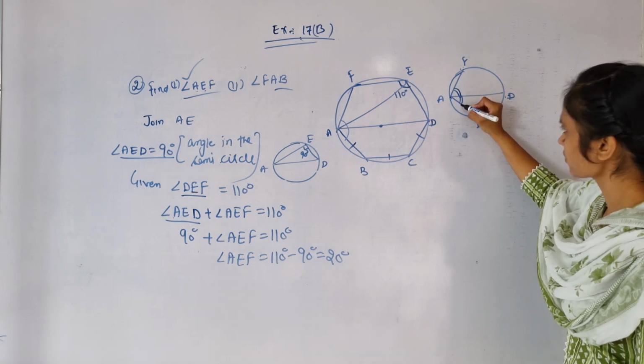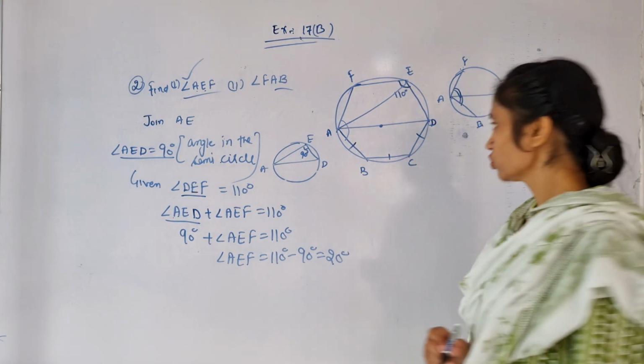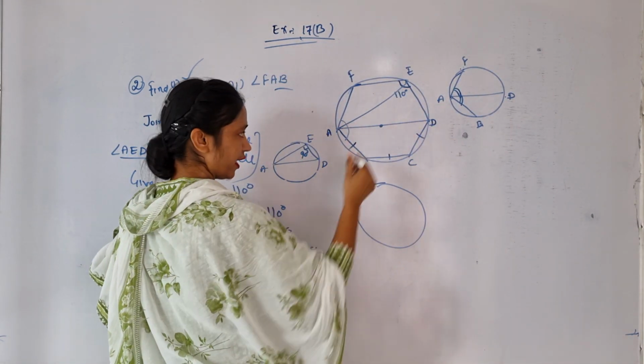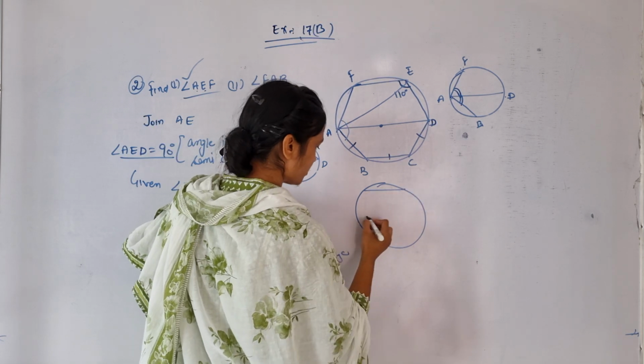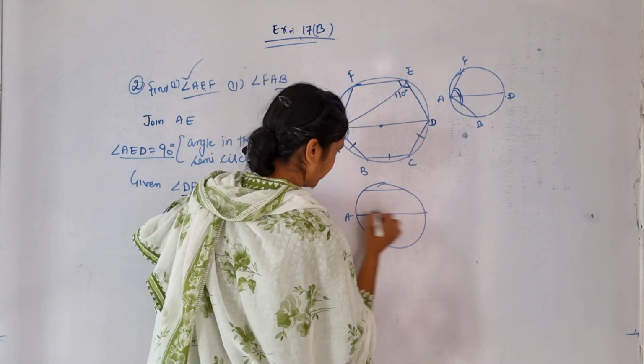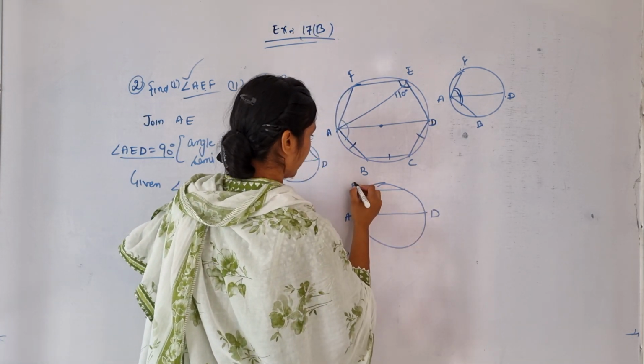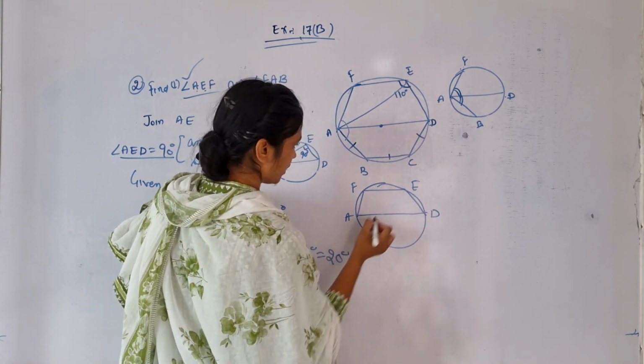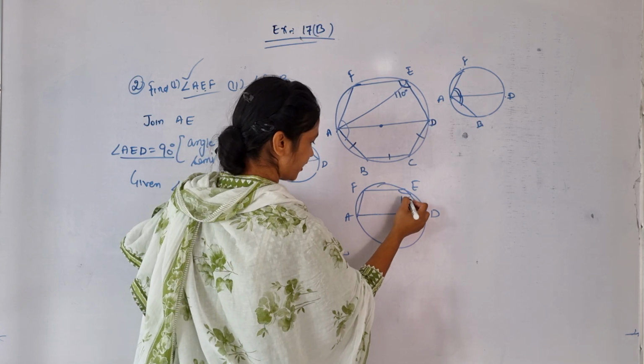It will consist of two angles. If you see the previous figure before joining AE, you have this ADEF, and this is given as 110 degrees.